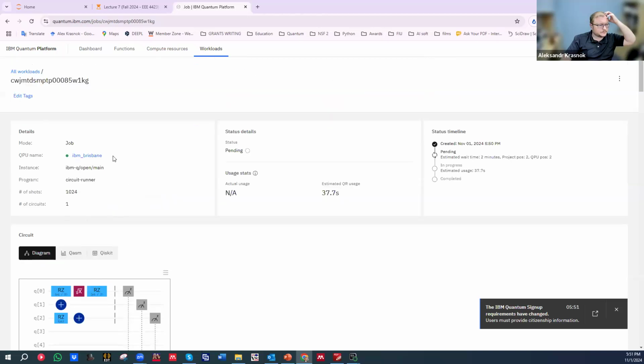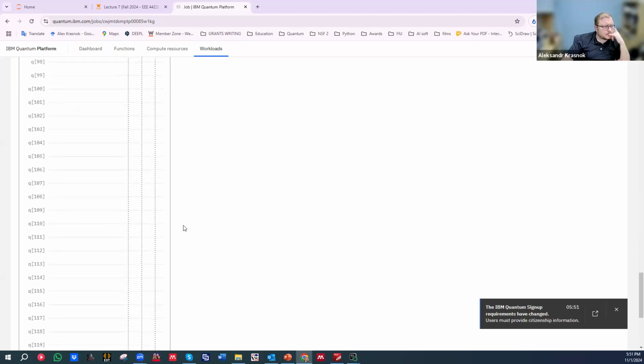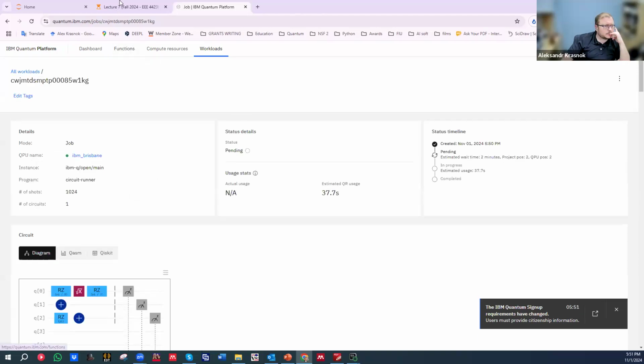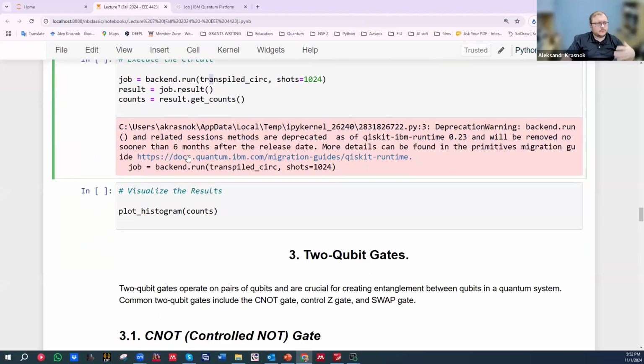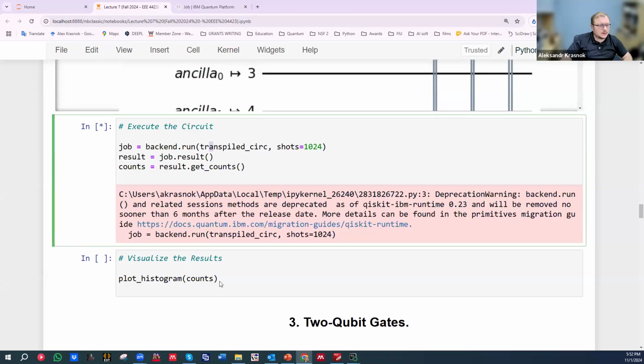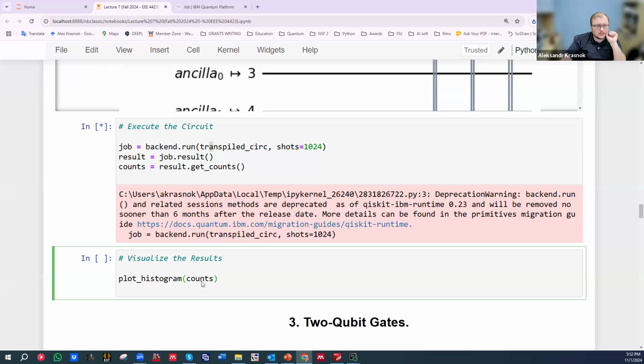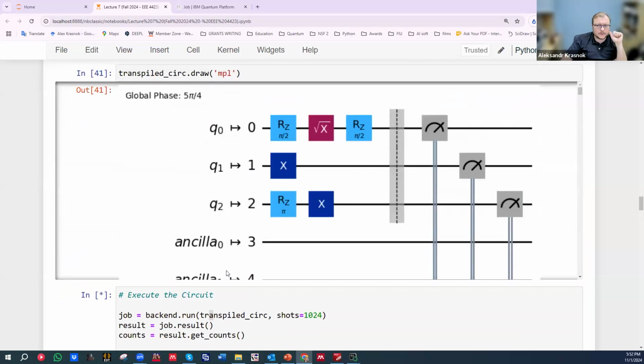Transpiled circuit. Also, status pending, timeline: when it's created, pending, then in progress, and completed. Yeah, so now this project is in line, and when it's done, I can visualize the results using this histogram.